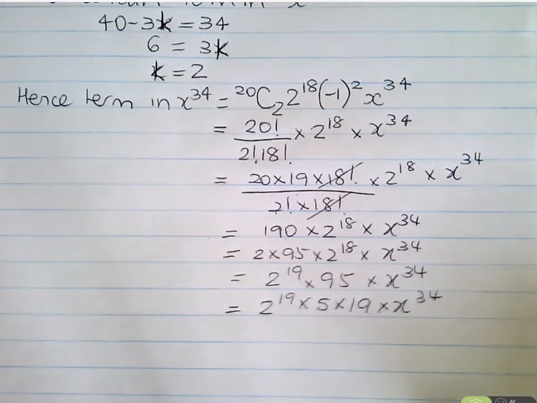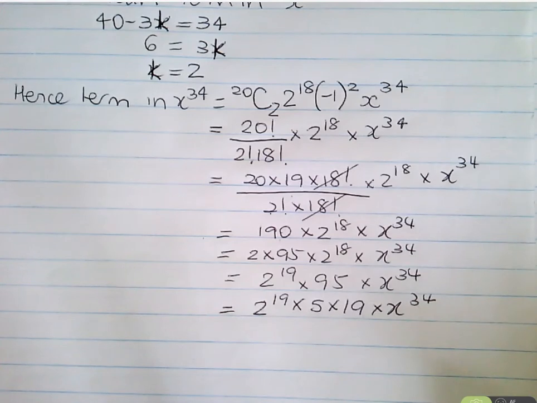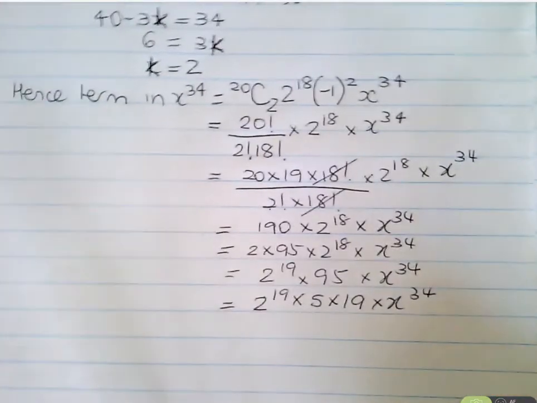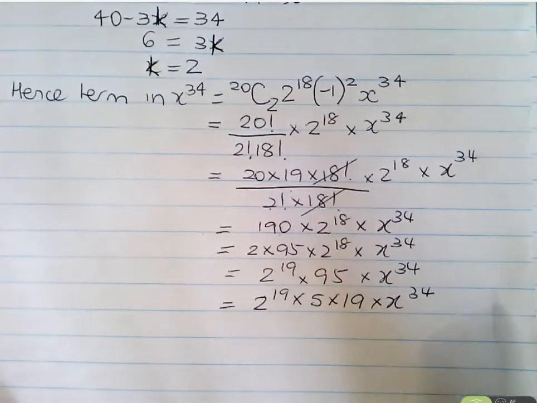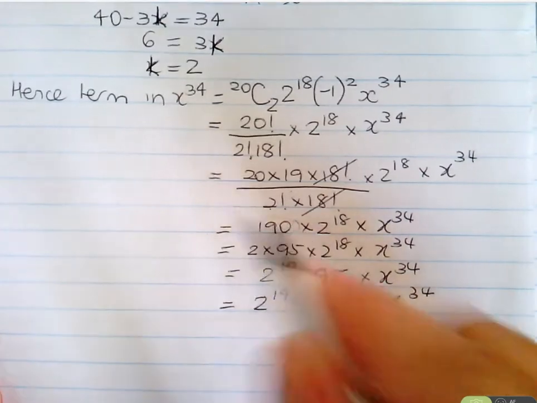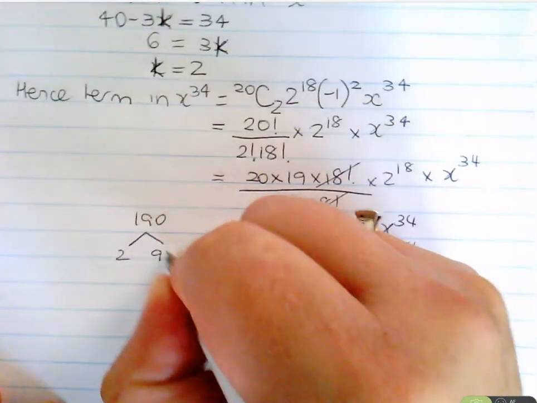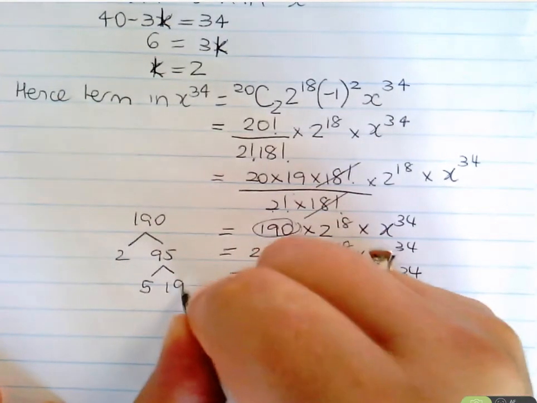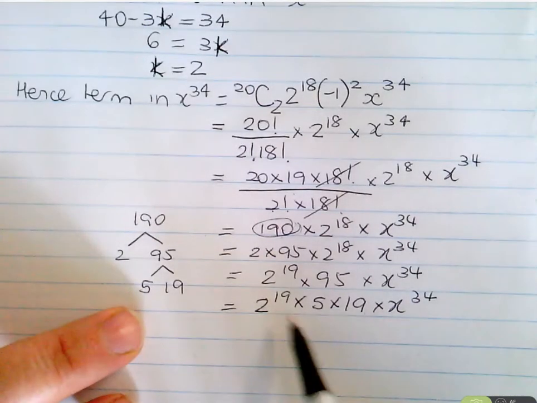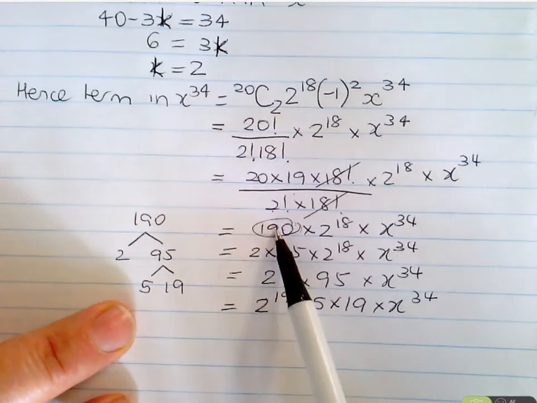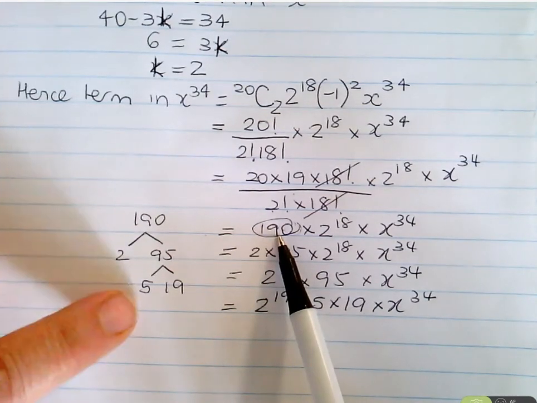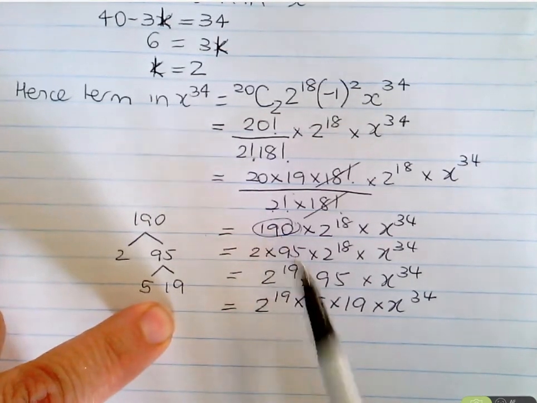It says find the term, give each coefficient as a numeral and factored into primes. So now that's factored into primes. So girls, what you would have done is over here, the 190 is 2 times 95, which is 5 times 19 as prime numbers. Do you see what I've done or not? The 190 is 2 times 5 times 19.